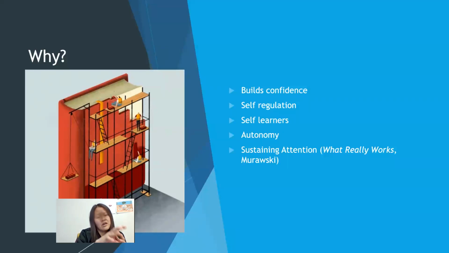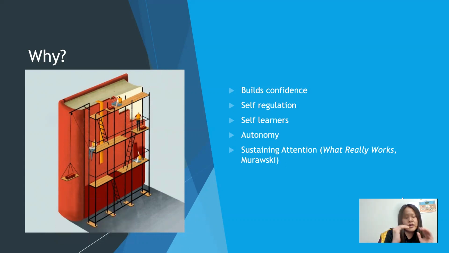If you notice in the illustration there, we start at the very basic. The implementation of scaffolding is important as well. When we're building a unit or a piece of structure, that scaffolding isn't all thrown up there at once. We start at the very first platform, until those foundational structures are built in and mastered, and then we gradually work our way up to the top of the building.